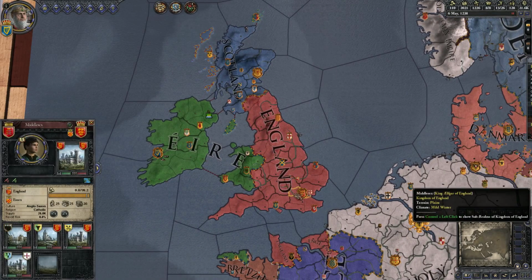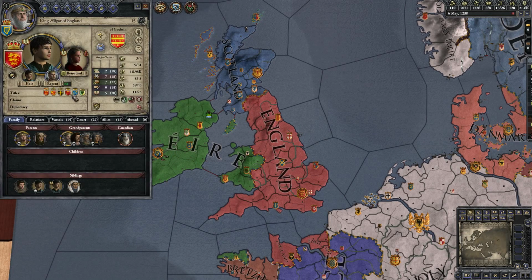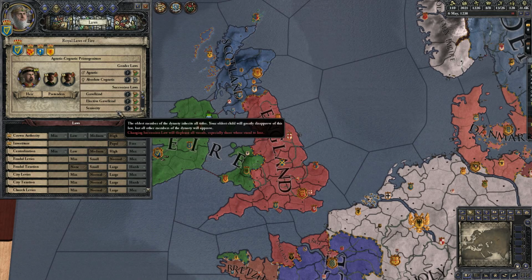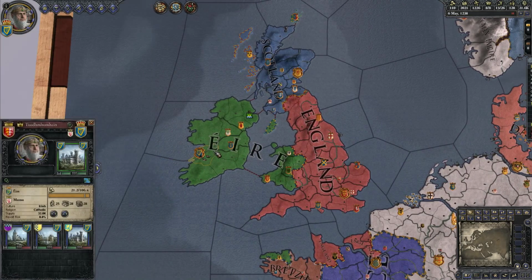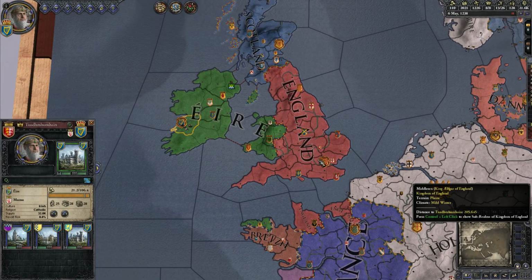Seniority is a succession law where it goes to whoever is the oldest in the dynasty. So whoever is the oldest inherits all the titles.